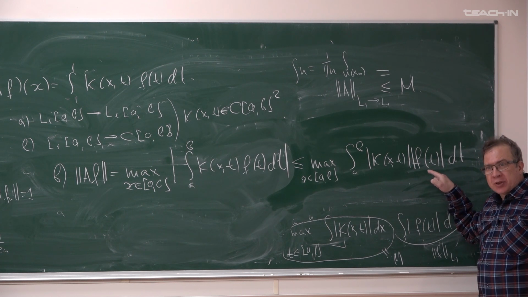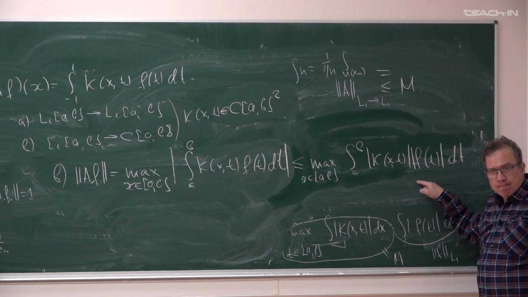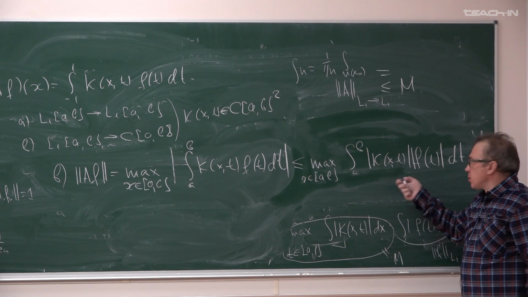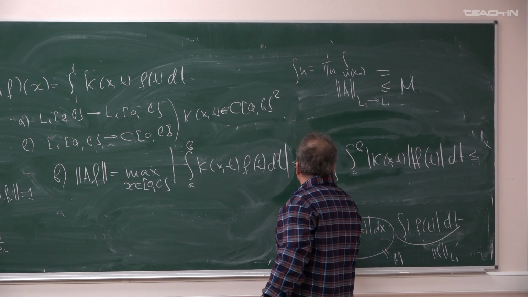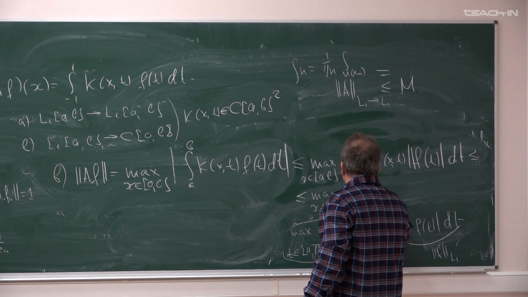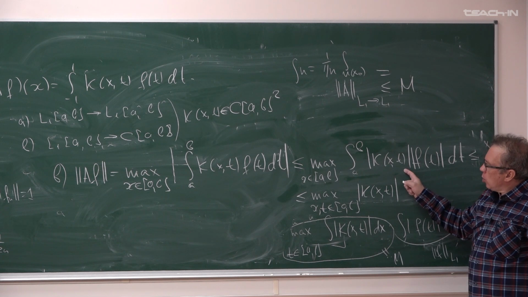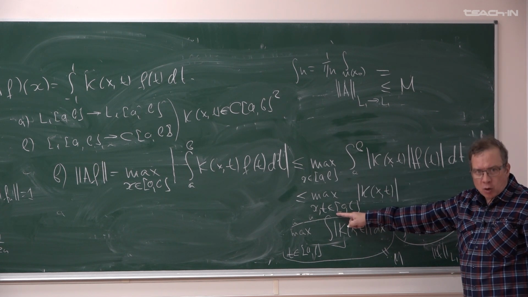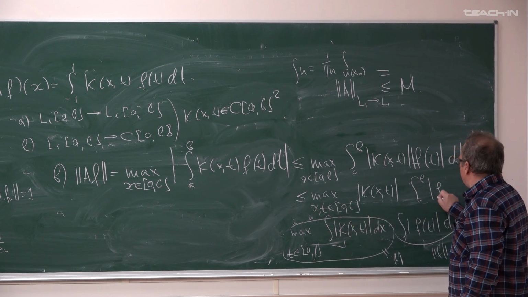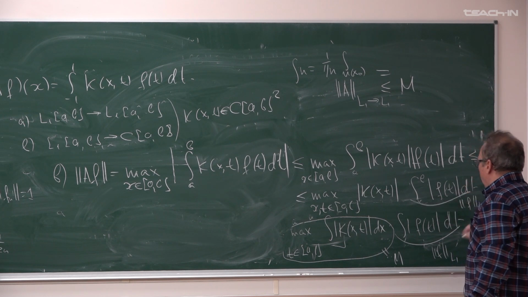So we need to obtain the integral of the absolute value of the function f. Here the maximum on x depends only on k, so you can write this estimate. You can take the maximum outside the integral, not only on x, but also on t. And then you obtain just this, and this is just the norm of the function f in L1.